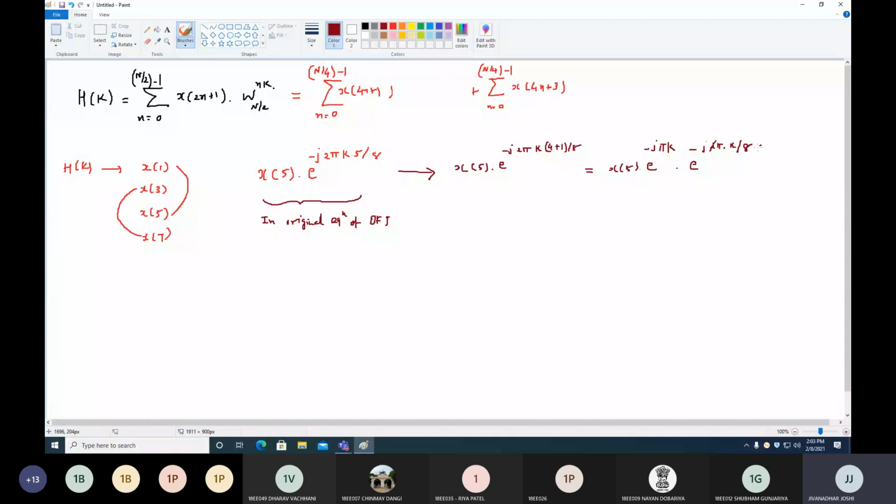So, okay, like this. So x of 5 into e raised to minus j pi k and e raised to minus j pi k by 4.